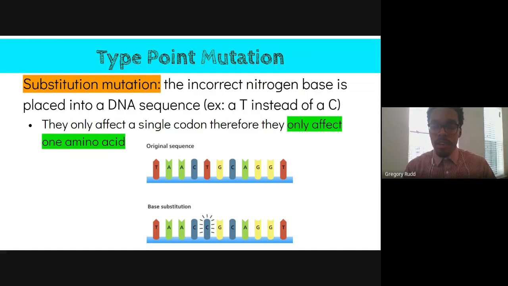So the first type that we talked about was a substitution mutation. That's when you only mess up one nitrogen base. And in this case, it may or may not even have an effect on the amino acid.